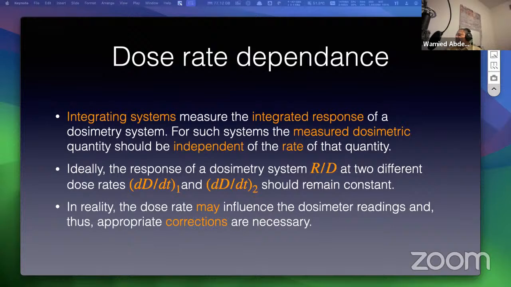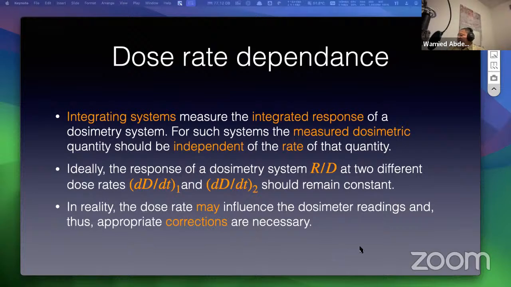That is the issue: what happens in the chamber is recombination. That's why one has to think of an appropriate dosimeter such that this dose rate dependence is minimal, or find a way to correct for the dose rates.